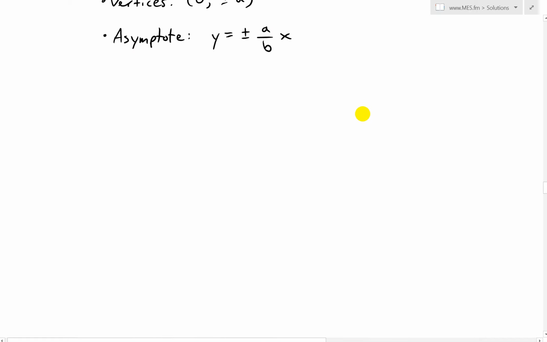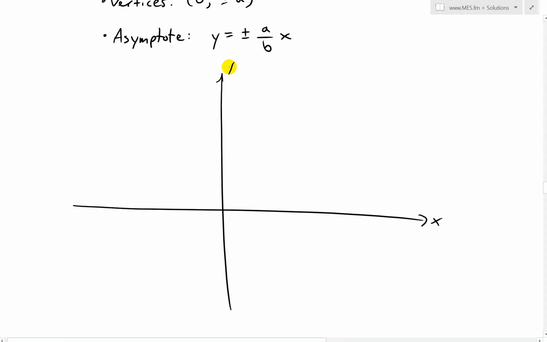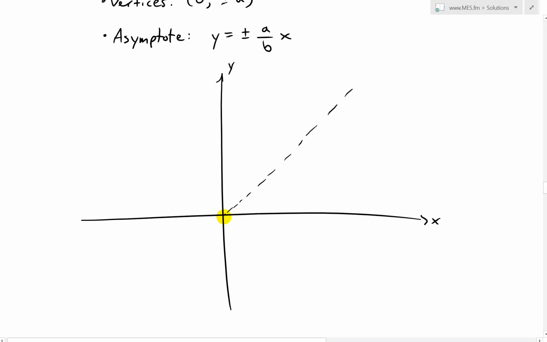And then when you graph this all out on the vertical side, we get this, x and y. I'll draw the asymptote lines dashed, like that. This is going to be our y equals a over b x.